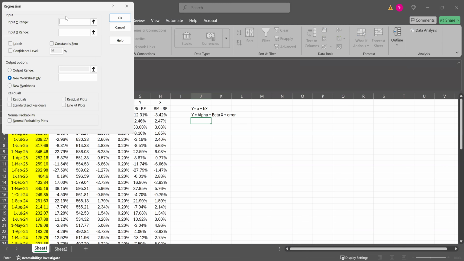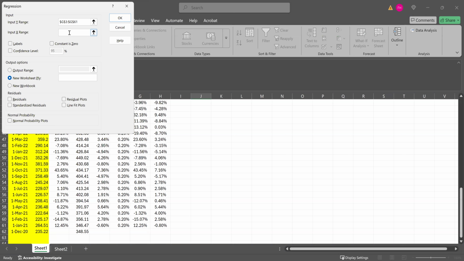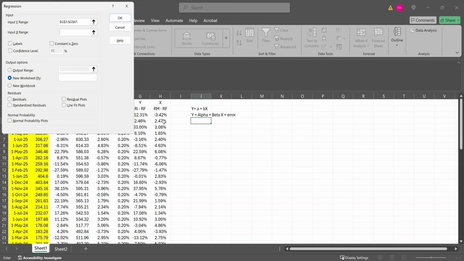I click on OK. Then here I have to input the Y range and X range variables. For Y, I'm going to choose all of those values starting with 12.31% till the end. For X, I'm going to use the monthly observations for the market risk premium, starting with negative 3.42%.